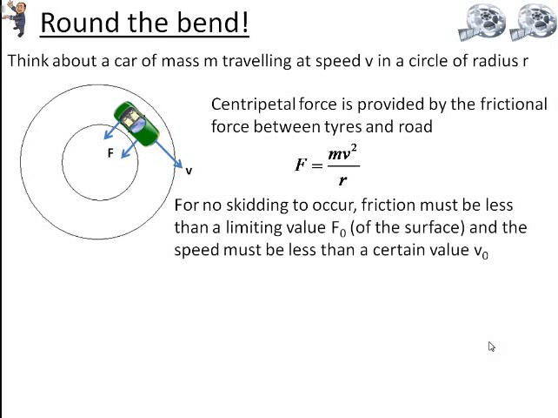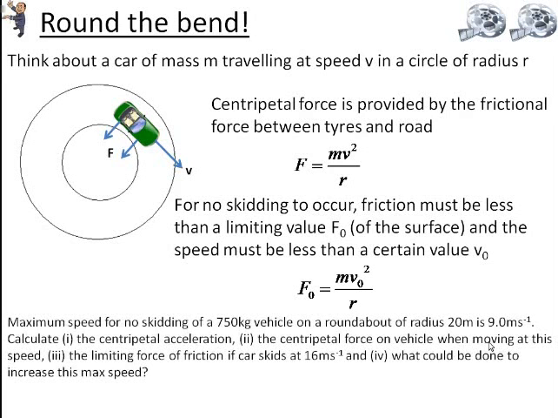Now, for it not to skid, the friction must be less than a limiting value, so let's call that F0, which is the frictional value of the surface, and the speed must be less than a certain value, and we'll call that V0. So this is for no skidding to occur. We can use this to find our maximum speeds or our maximum friction of the surface.